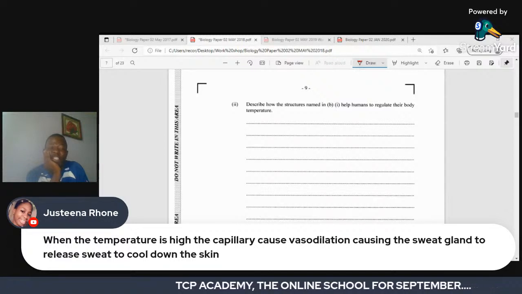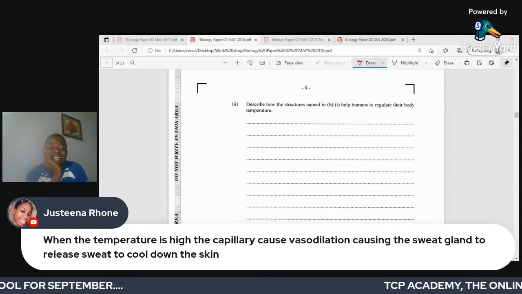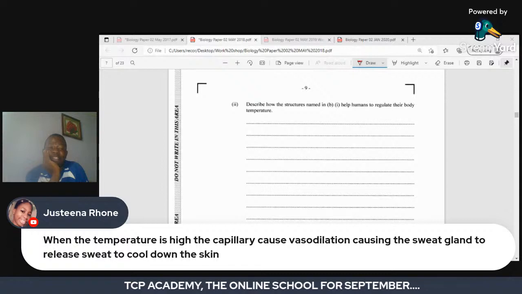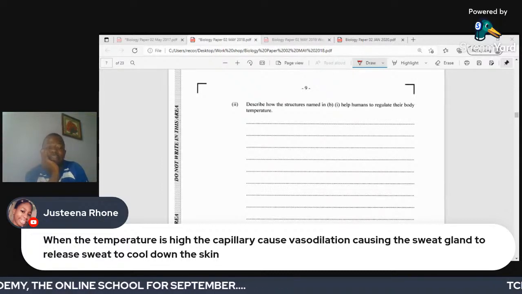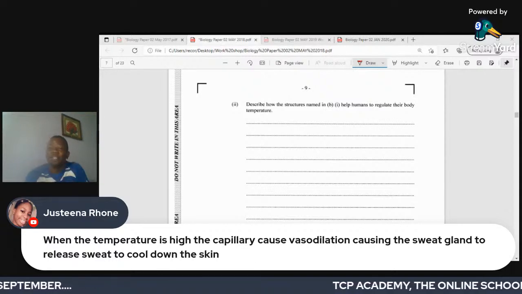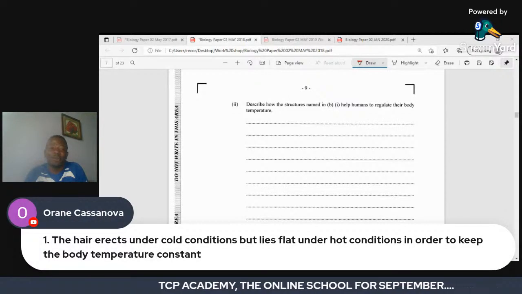All right, so the sweat is going to remove heat from the body, and as soon as it gets to the surface of the skin, the air is going to move it, and then you're going to feel that cooling effect as the heat is moved. Now, for vasodilation, the blood vessels are going to dilate. They are coming very close to the skin so that they can get rid of as much heat as is possible.